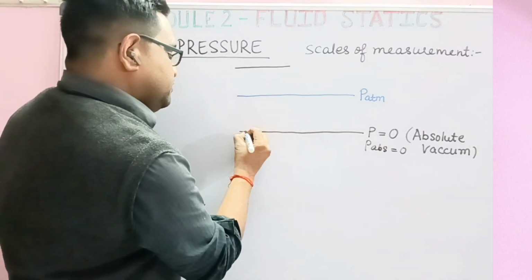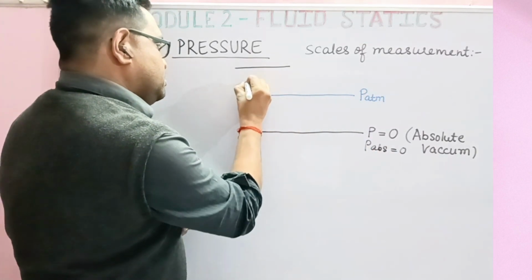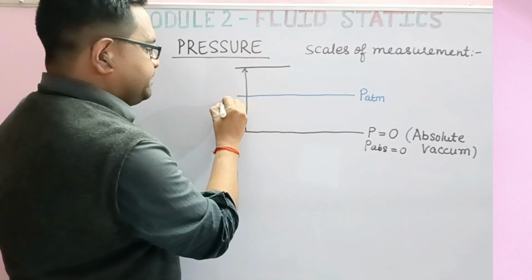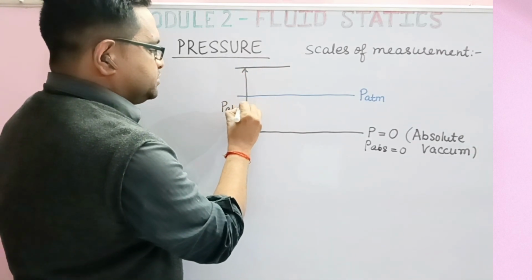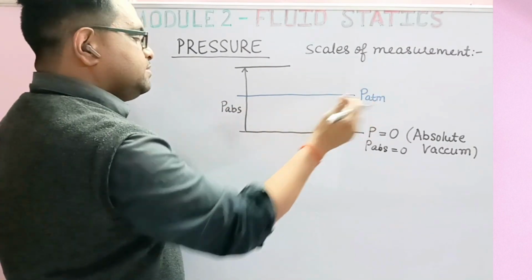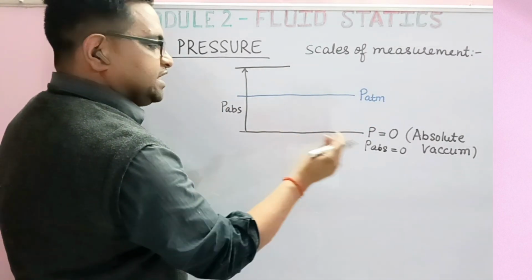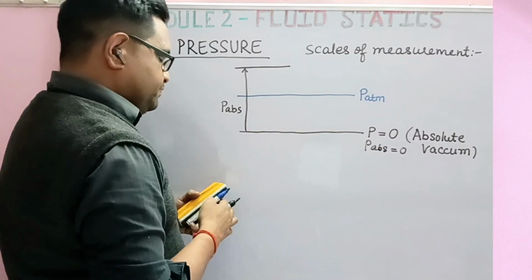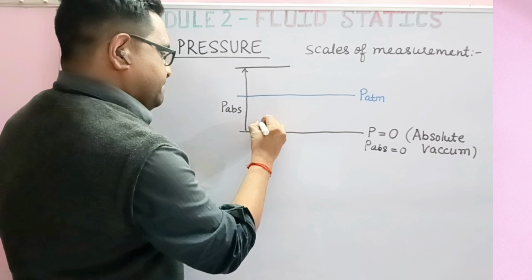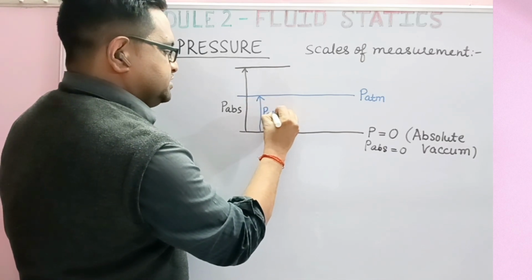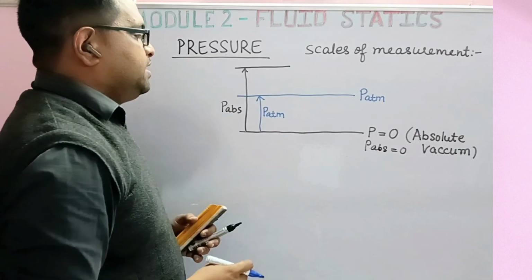So if we draw an arrow up to this point, this arrow shall represent the P absolute. Similarly, this is P atmospheric, and it is also measured with respect to absolute vacuum.